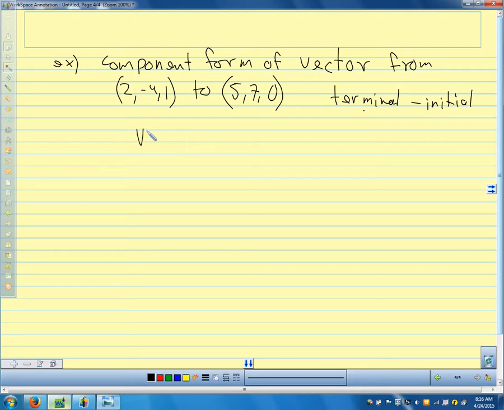So we'll call it vector v equals. What's our x component? 5 minus 2, 3. Y component? 7 minus -4, 11. And then -1.